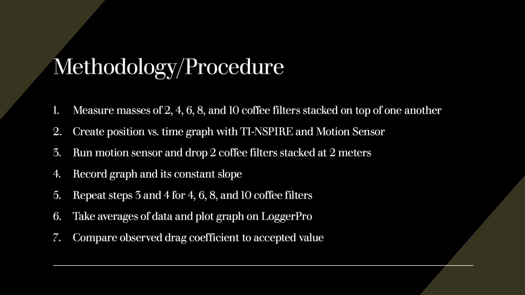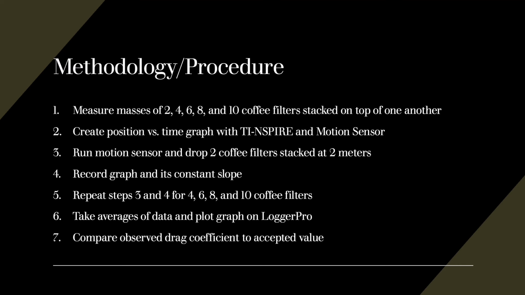So in order for this to work, we measured the masses of 2, 4, 6, 8, and 10 coffee filters stacked on top of one another, then created a position versus time graph with the TI Inspire graphing calculator and motion sensors shown in the previous slide, and ran the motion sensors and dropped 2 coffee filters stacked at 2 meters.